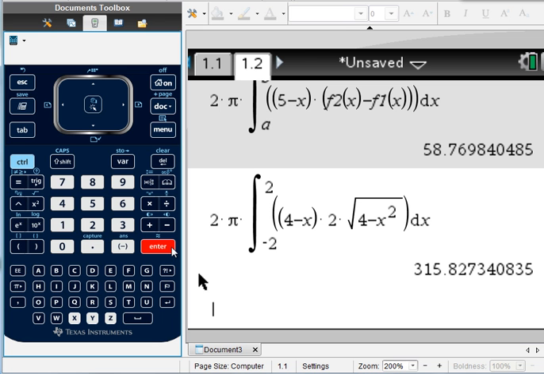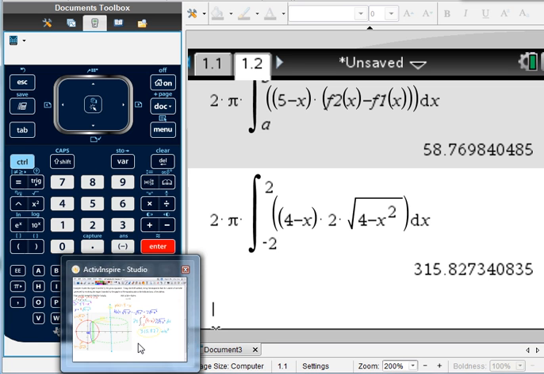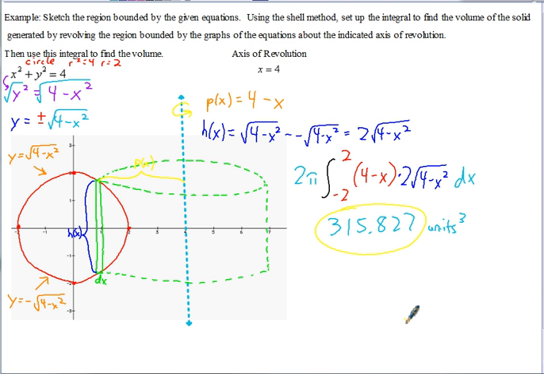So we get the same answer using the Nspire. And that concludes the notes for AP Calculus on the topic of volume using the shell method.